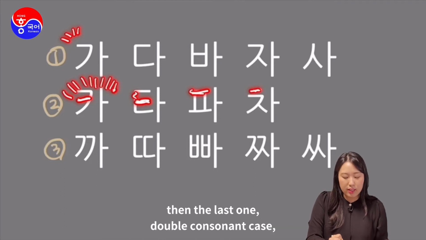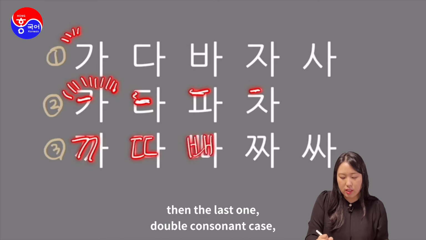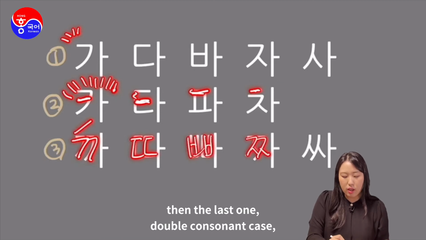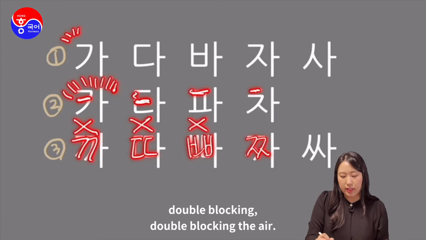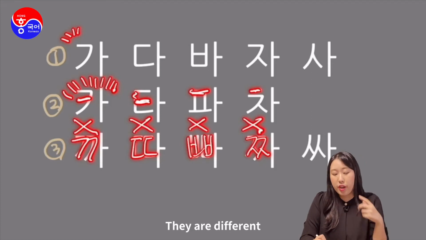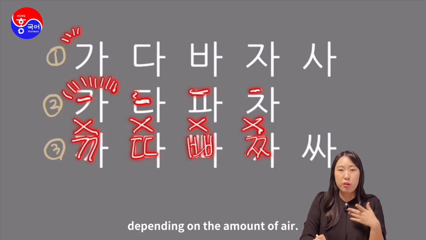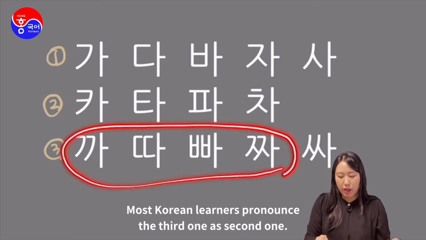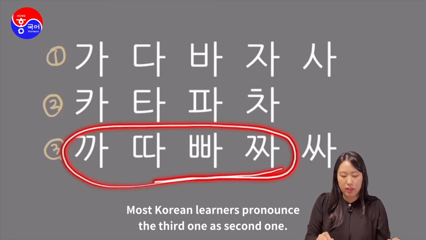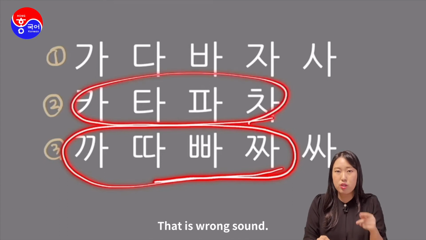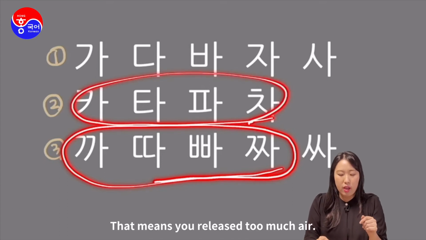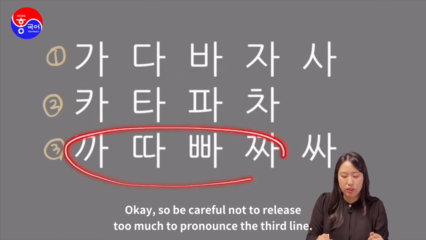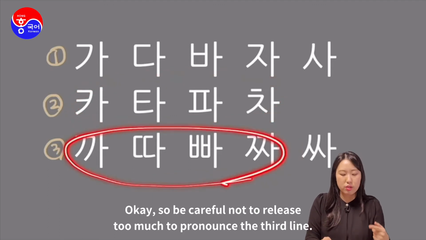And then the last one, double consonant case, double blocking the air. So they are different depending on the amount of air. But actually, most Korean learners pronounce the third one as the second one. That is the wrong sound. So that means you release too much air. Okay? So be careful not to release too much air to pronounce the third line.